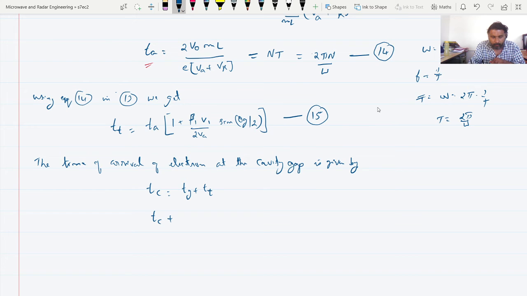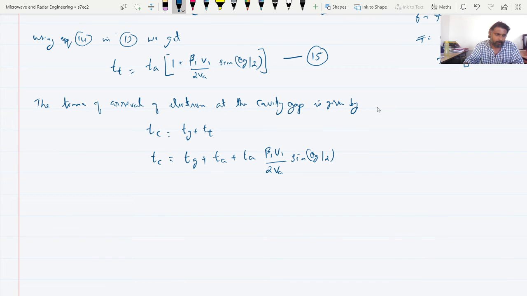I will open the bracket: Ta plus Ta into beta 1 V1 by 2 Va sin theta g by 2. So Tc equal to Tg plus Ta, that is Ta into 1 is nothing but Ta, plus Ta beta 1 V1 divided by 2 Va sin theta g by 2. I will call this equation 16.